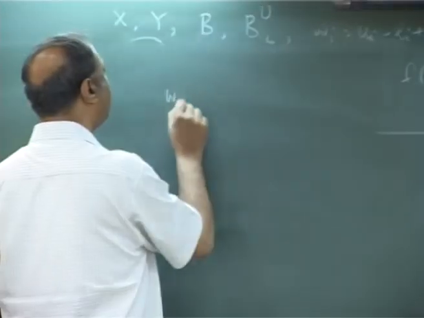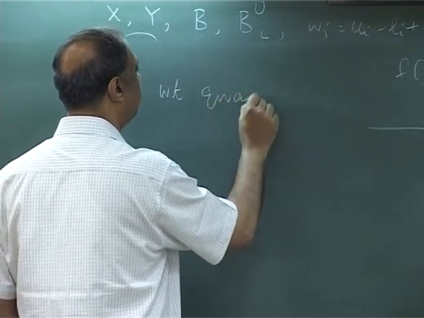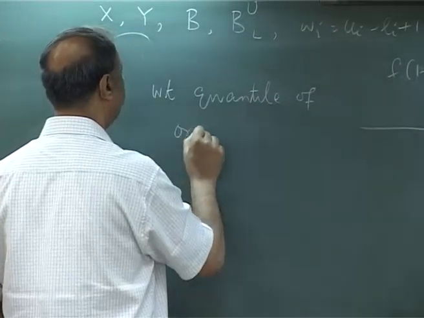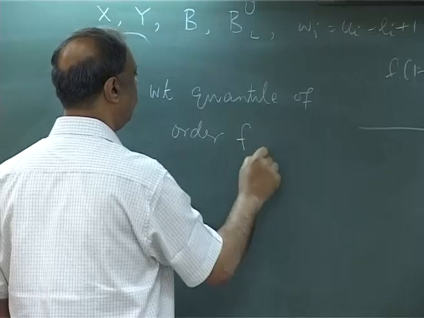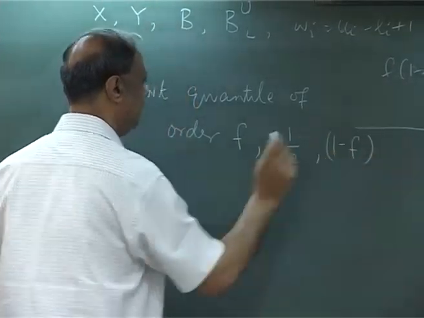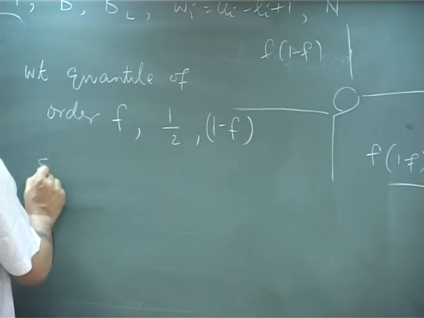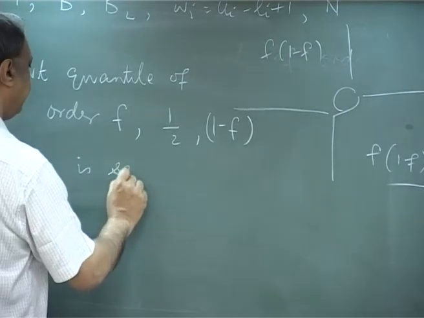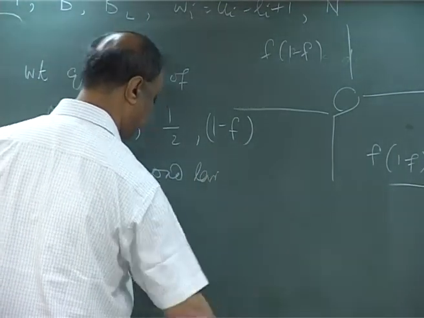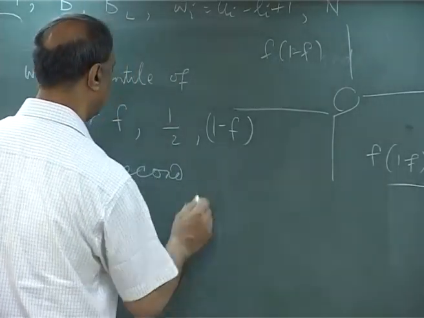you have weighted quantile of order f, half and 1 minus f. And S is the second largest element or second smallest element of this.